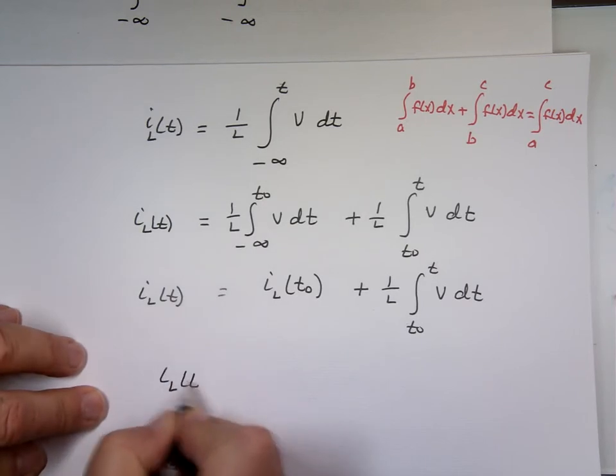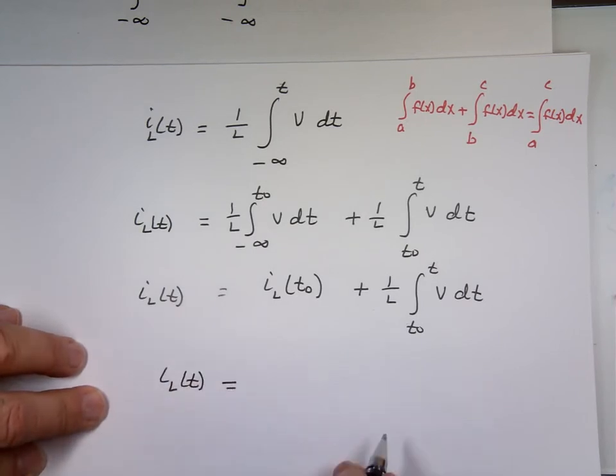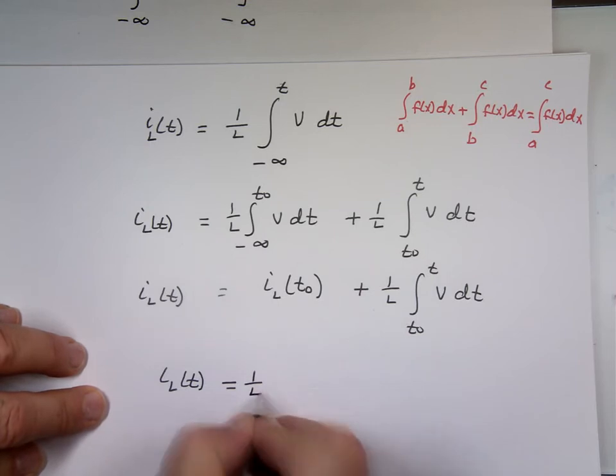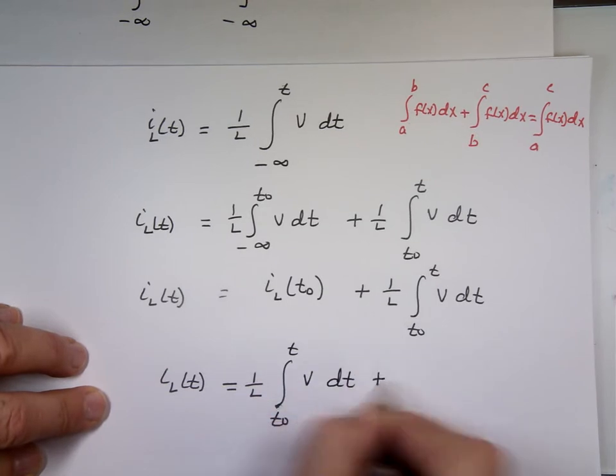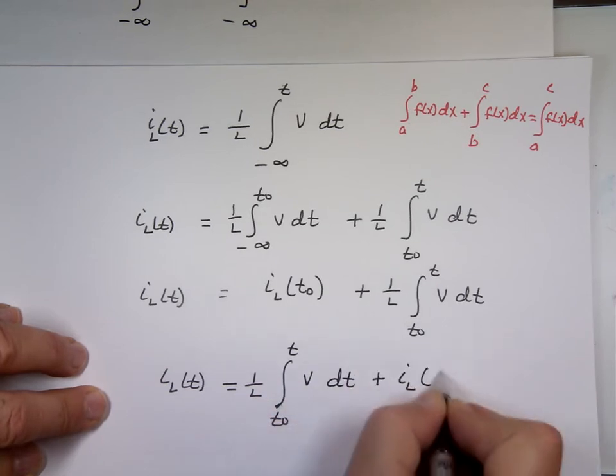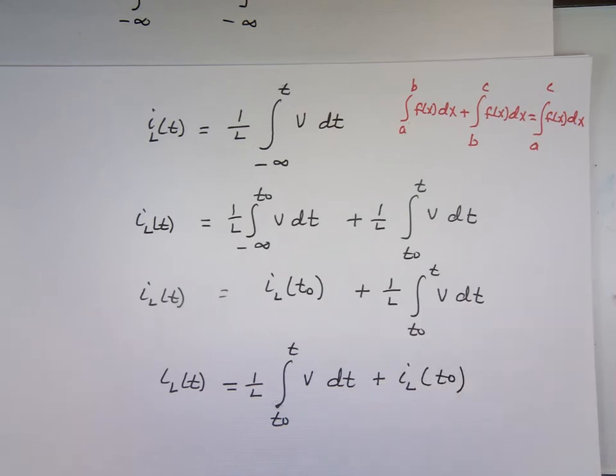I sub L of t equals what? 1 over L, the integral from t0 to t of v dt, plus the current at t0. We'll derive the equation for the energy there too in a second.